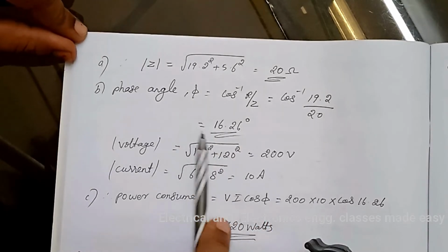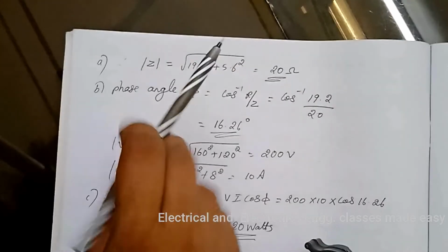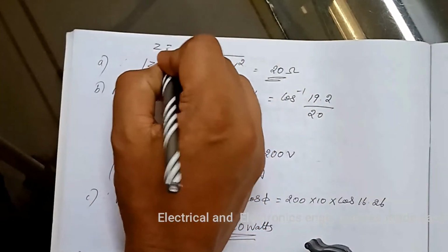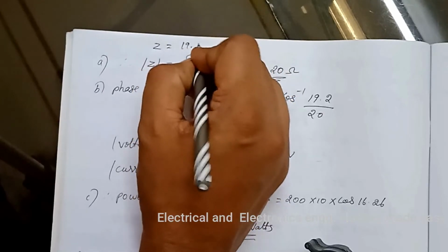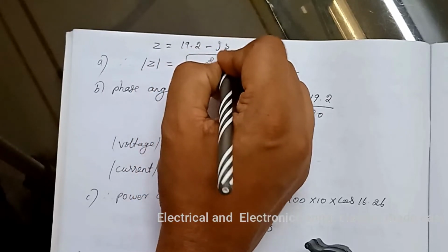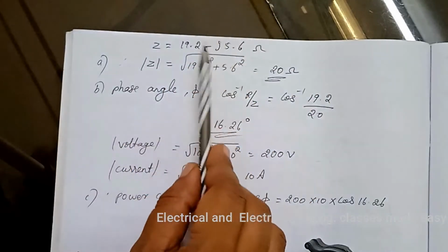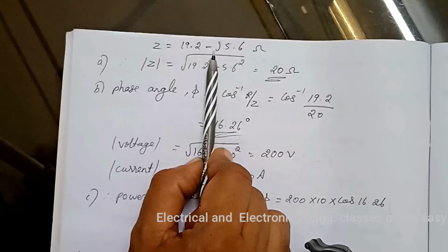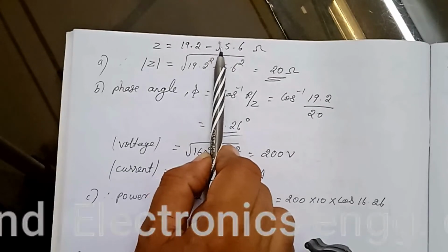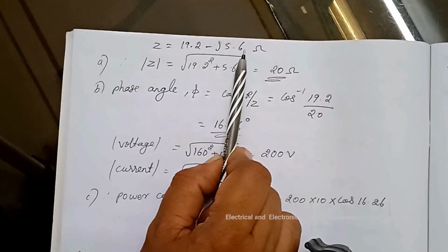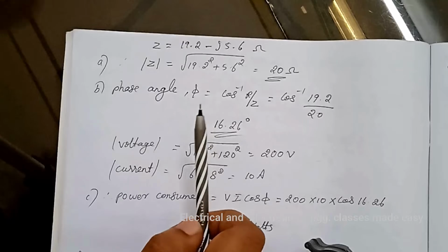And here the phase angle is leading because the impedance we got is Z equal to 19.2 minus j5.6. Here this is a capacitive reactance of minus j5.6 ohm. So the phase angle is leading.